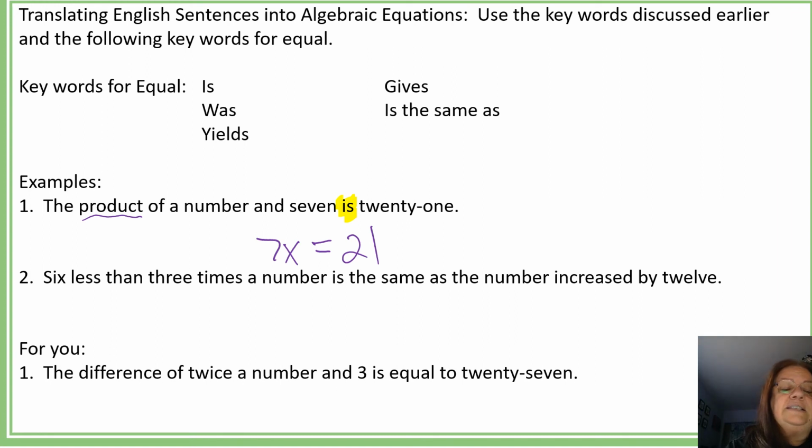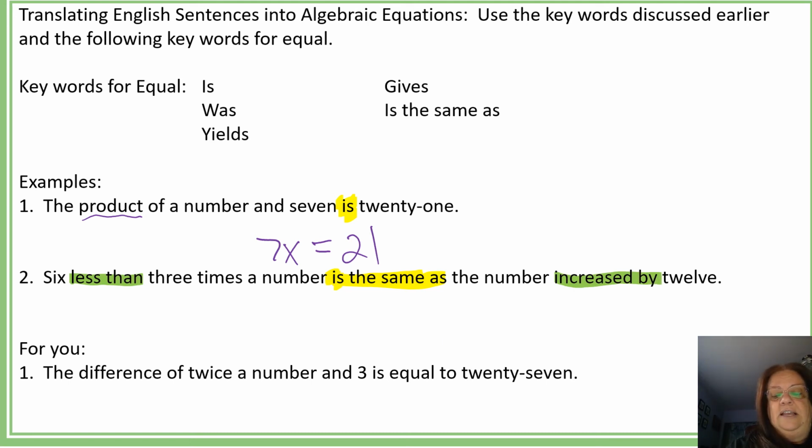All right, 6 less than 3 times a number is... oh, sorry, I apologize. That said is the same as. That's also the equal sign. The number increased by.